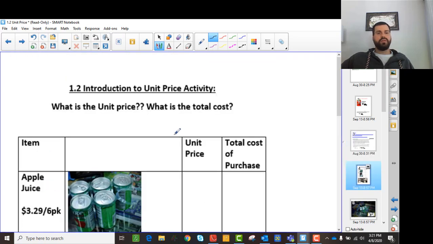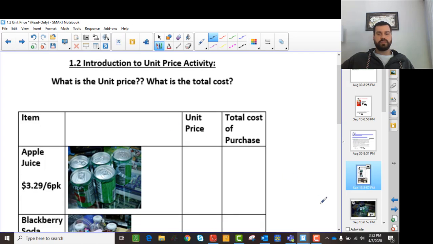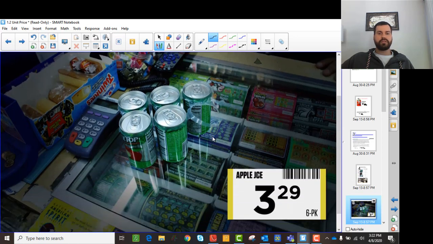What we want to do is look at unit price in terms of a bunch of different options. So I'm going to show you a picture, and we're going to try to find the unit price. Here's the first picture. It's a picture of apple juice, and it's $3.29 per 6-pack. Now you notice I don't have 6. I have 1, 2, 3, 4, 5.